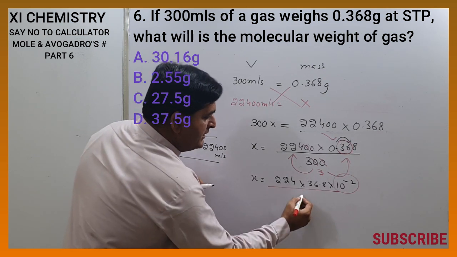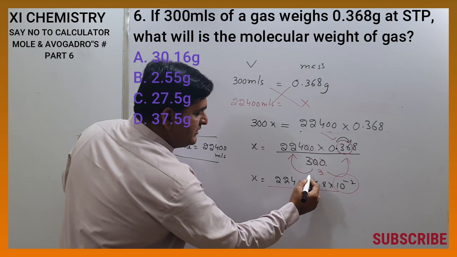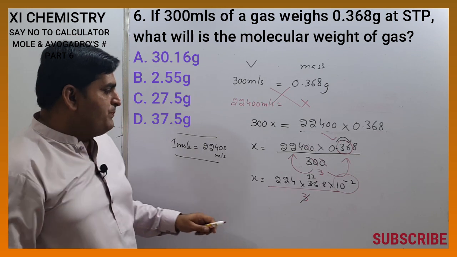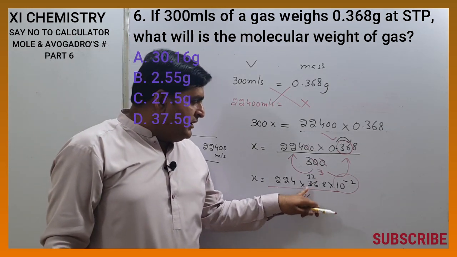Now divide by 3. You know that 3 on 36, 12 times, the table will come 12 times. So 36 divided by 3 is equal to 12.